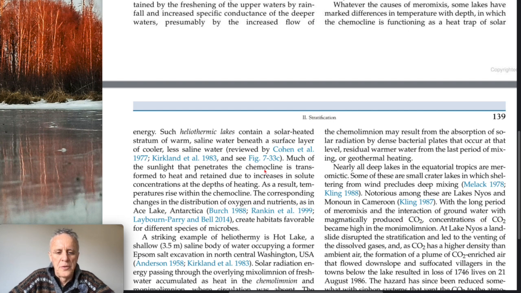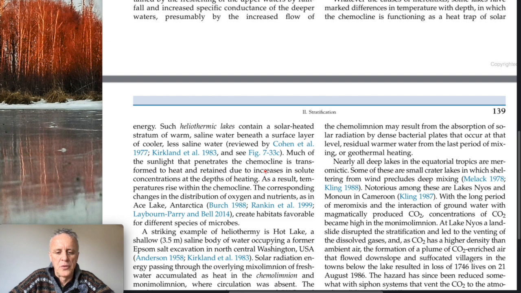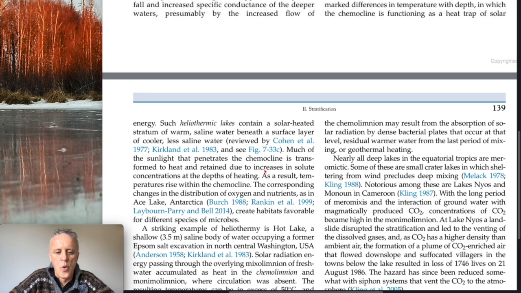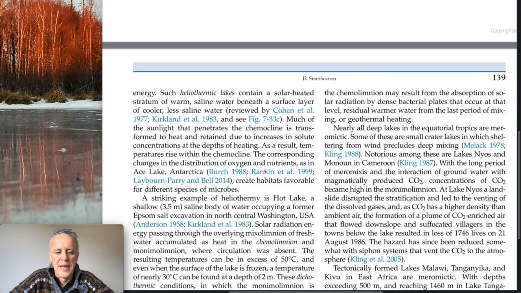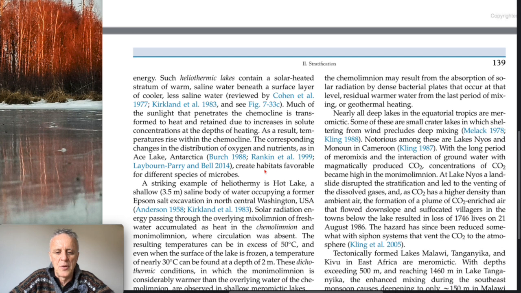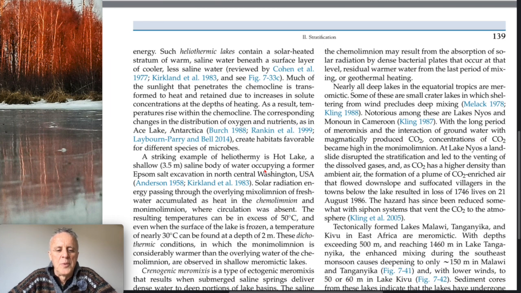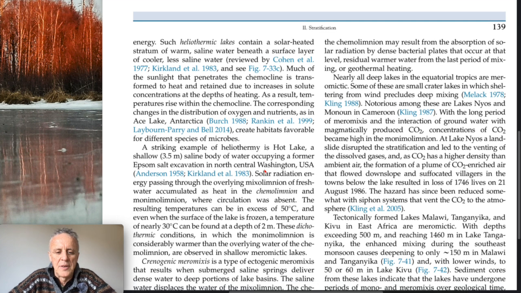Such heliothermic lakes contain a solar-heated stratum of warm saline water beneath a surface layer of cooler, less saline water. Much of the sunlight that penetrates the chemocline is transformed to heat and retained due to increases in solute concentration at the depth of heating. As a result, temperatures rise within the chemocline.